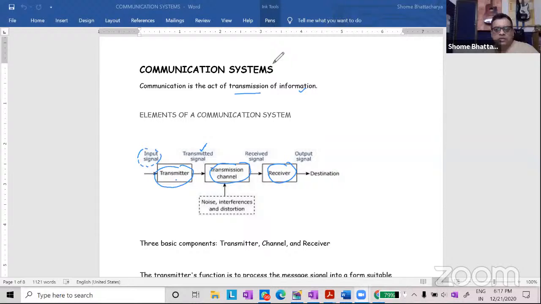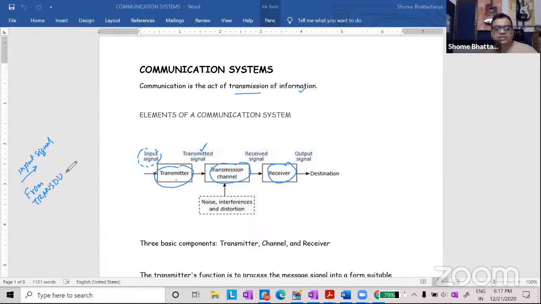Okay. So yes, at the transmitter level, what happens is any input signal, for example, the input signal could be the electrical signal coming from a microphone. So the input signal is basically the signal that comes from some transducer. What is a transducer?